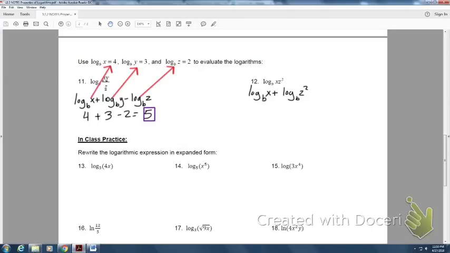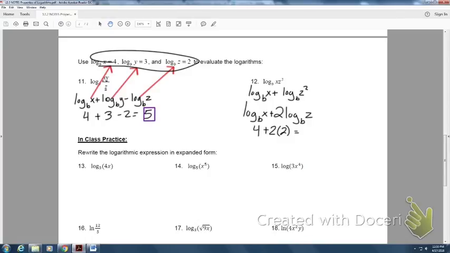Now I need to take that squared and move it in front, make it the coefficient of that second log base b. And like these up here say, log base b of x is 4 plus, now it's going to be 2 times whatever log base b of z is, which is 2. 2 times 2 is 4. 4 plus 4 is 8.